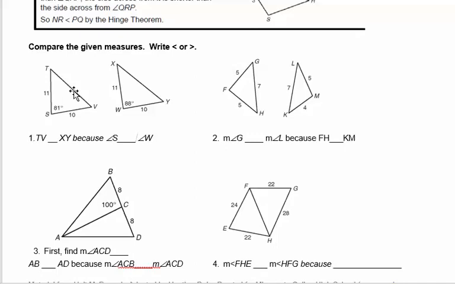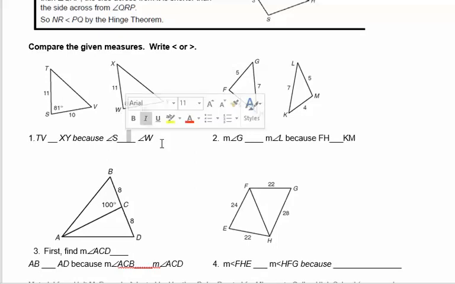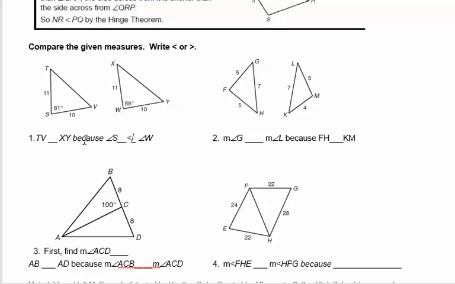And we can do that by looking at the angles opposite. So angle S is 81 degrees, angle W is 88 degrees. Therefore, angle S is less than angle W. So we can then also say that the length of TV will be less than the length of XY.